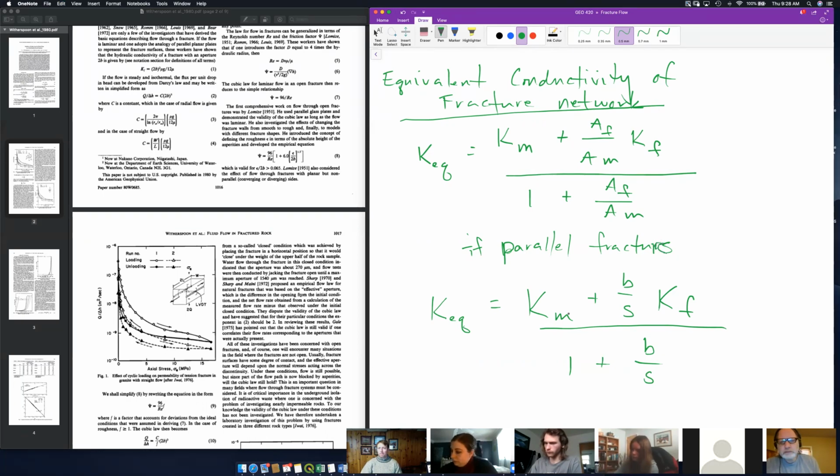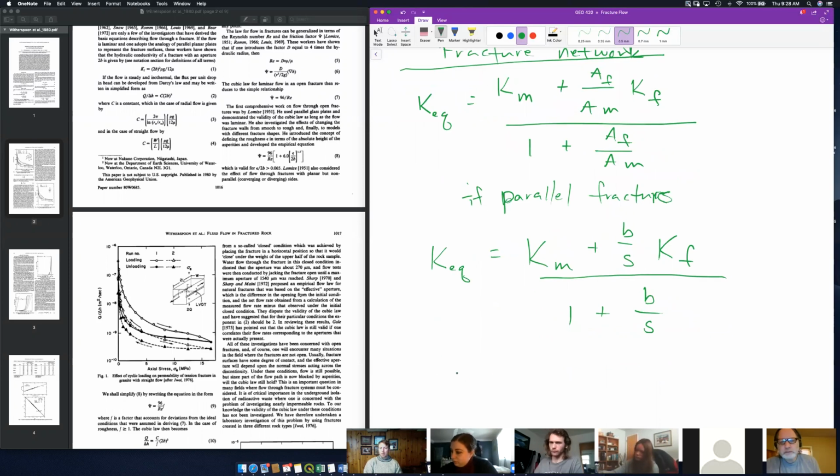So matrix hydraulic conductivity for the garnet stock is 1 times 10 to the minus 8 meters per second. If you don't remember or you lost your calibration, this is really low. Calculate the equivalent hydraulic conductivity for me.